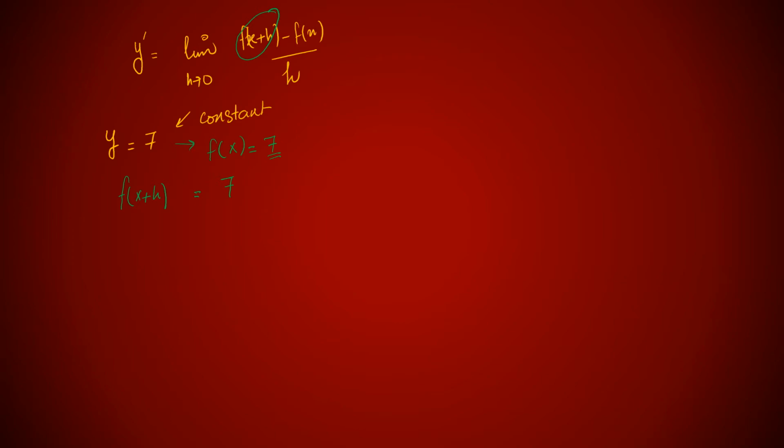Now put all this data, the value of f of x and the value of f of x plus h, in the formula. So y prime equals the limit as h approaches 0. Now f of x plus h equals 7, minus f of x, which is also 7, divided by h.